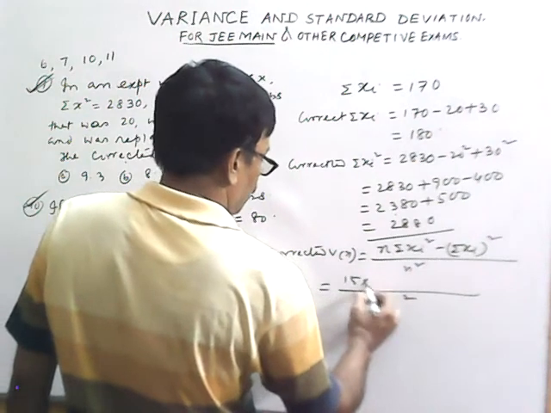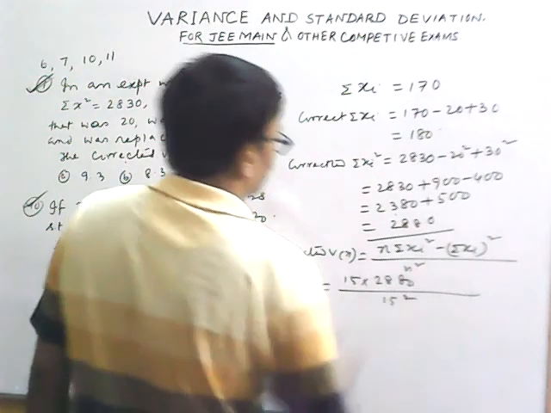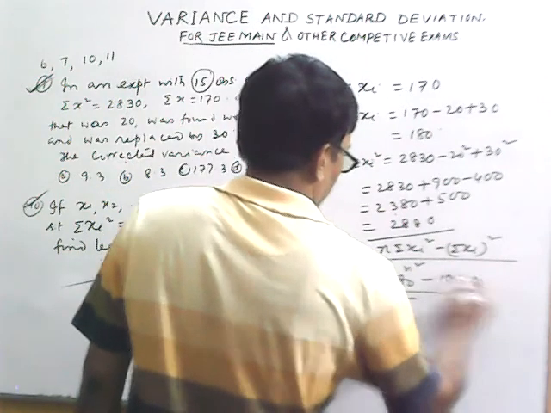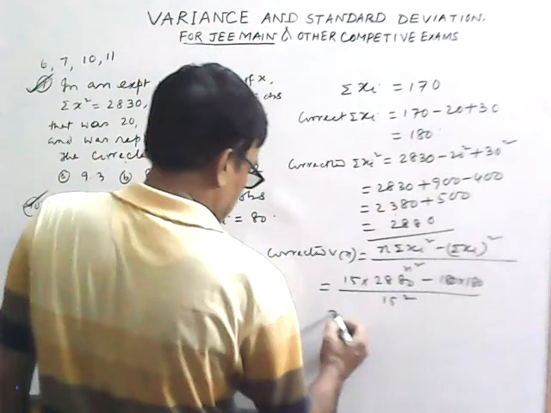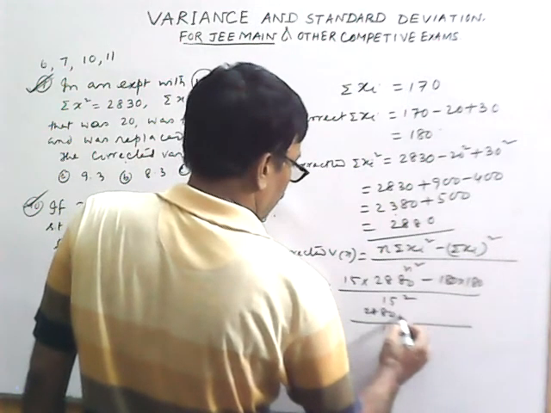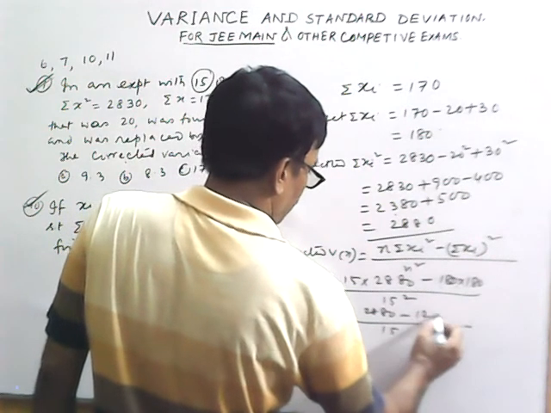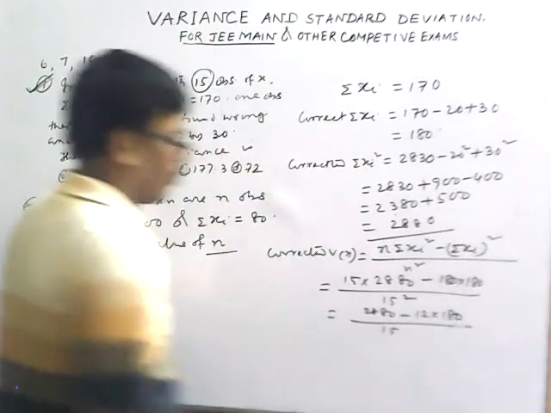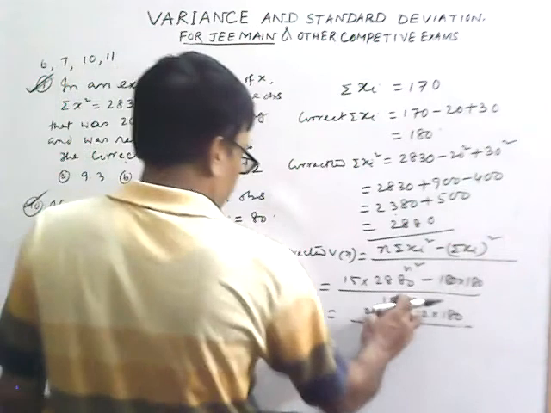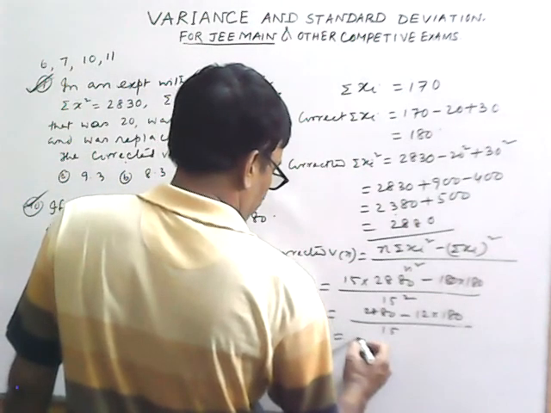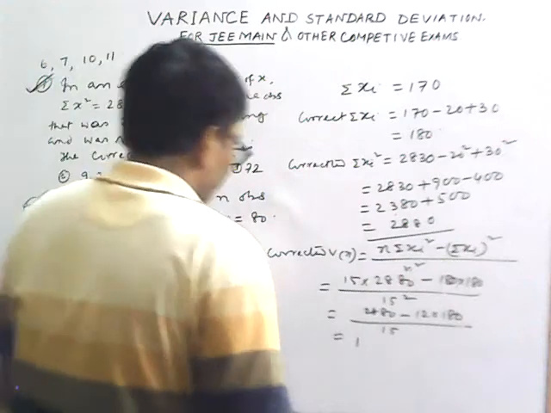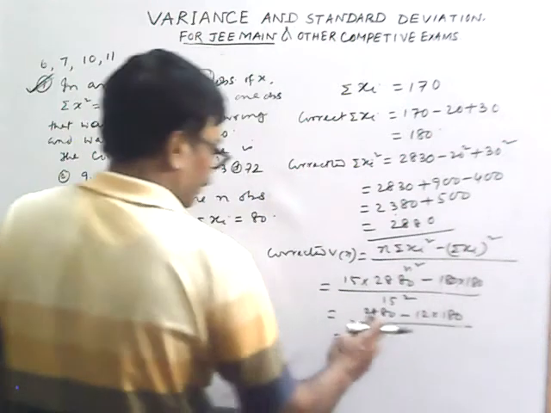So 15 into the corrected xi square, and this is 180 into 180. So 15 is cancelling out. 12 into 180 is again divisible by 15.